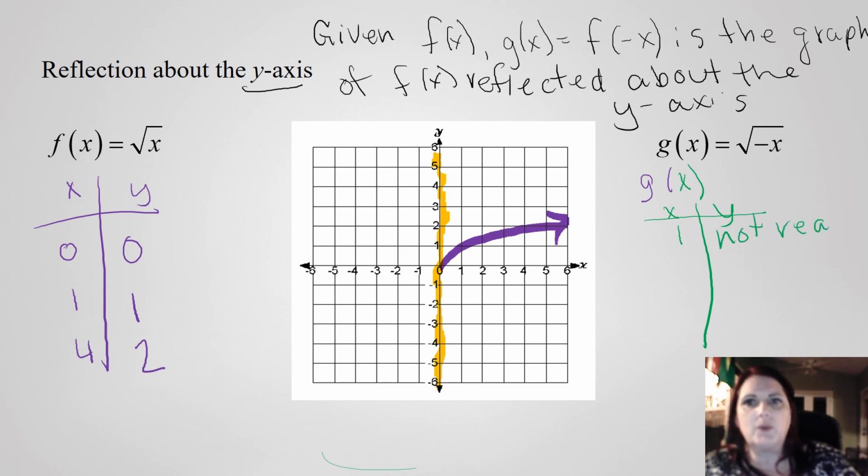So we're going to have to go to negative numbers. So let's use 0, negative 1, and negative 4. The square root of negative 0 is 0. The square root of the negative of negative 1, or positive 1, is 1. And the square root of the negative of negative 4 is the square root of 4, or 2. So we're going to have a graph that looks like this. There we go.